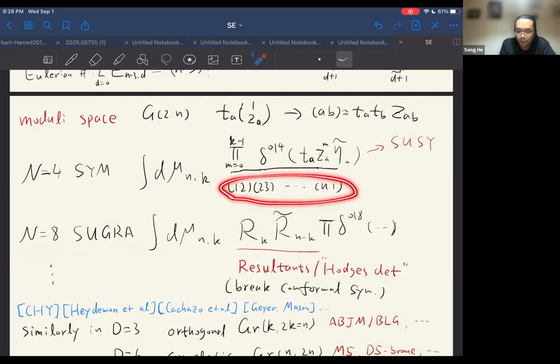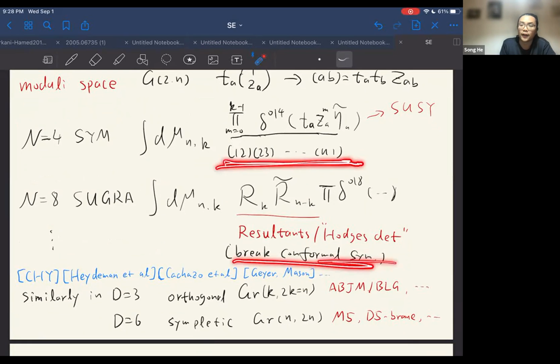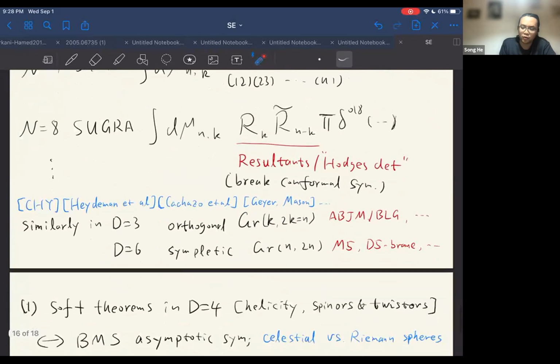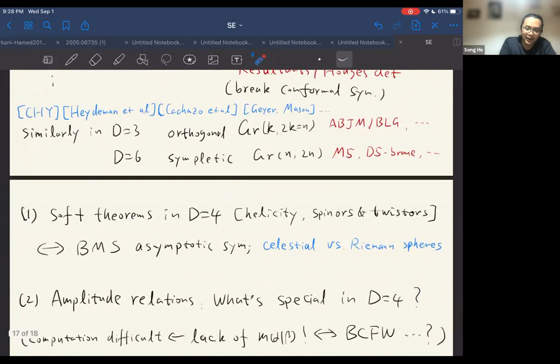Here you have a Pfaffian form, and here you have something called resultants, or the Hodges determinant, as Lionel mentioned in the last talk, a generalization of the Hodges determinant, which is the reason that in the gravity case this breaks conformal symmetry. Here you have no dependence on kinematic invariants, which is conformally invariant, and here it breaks conformal symmetry. You can also go to 3 and 6 dimensions to have formulas for many different amplitudes in ABJM theory or other theories in 6D.